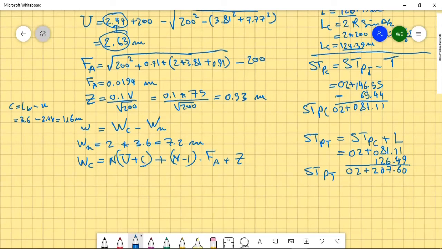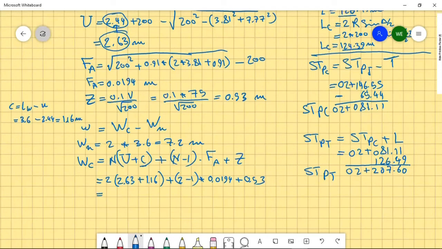So the driver on the curve is feeling the same clearance. There's no change in the clearance with other vehicles. So this is 2 multiply u, which is 2.63, plus 1.16, plus 2 minus 1 multiply 0.0194 plus z, 0.53.